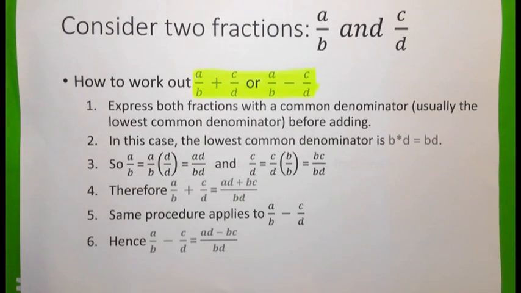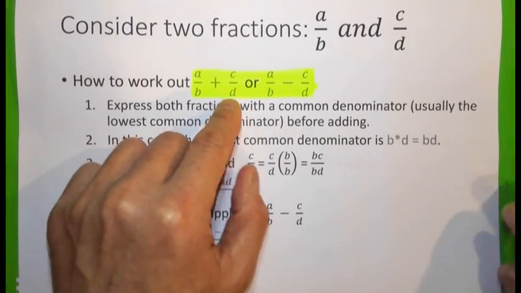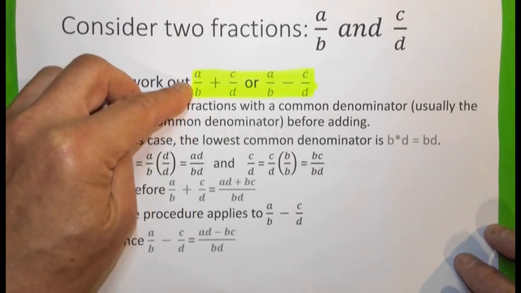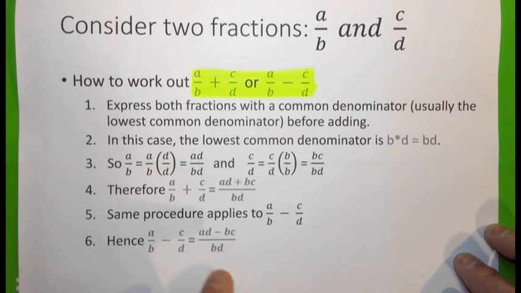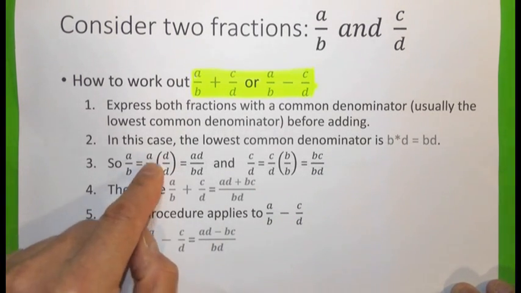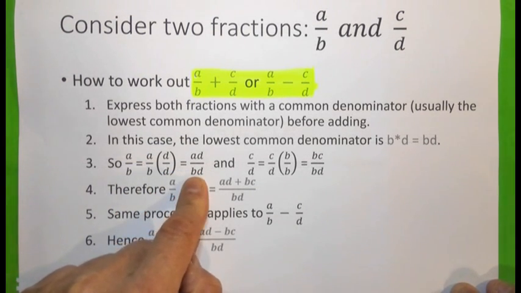Now, let's have a look at this case. The lowest common denominator is b times d, or bd. So in order to rewrite a over b with the common denominator of bd, we multiply by d over d, which gives us ad over bd.